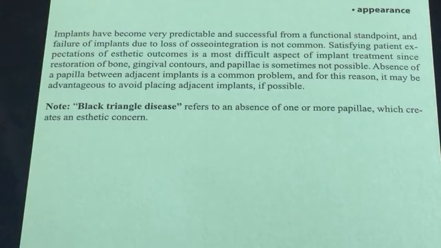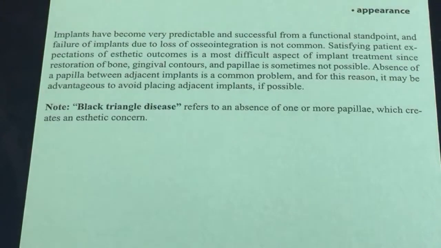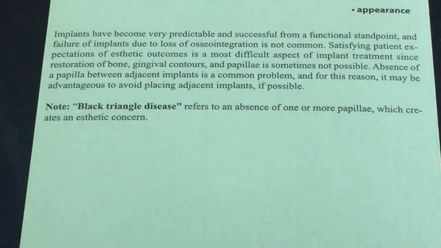Absence of a papilla between adjacent implants is a common problem, and for this reason, it may be advantageous to avoid placing adjacent implants if possible. Note, black triangle disease refers to an absence of one or more papillae, which creates an aesthetic concern.